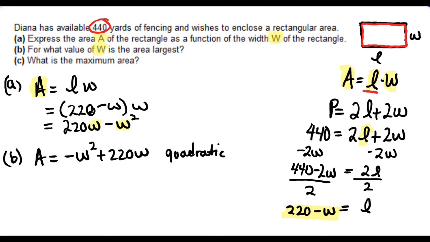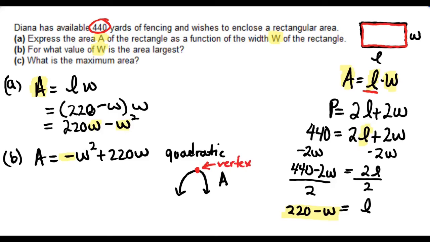And the graph of a quadratic is a parabola. This particular parabola has a negative leading coefficient, so it's going to be a down-facing parabola. So this is going to be the graph of the area function, a quadratic, and the highest area is going to occur at the vertex.